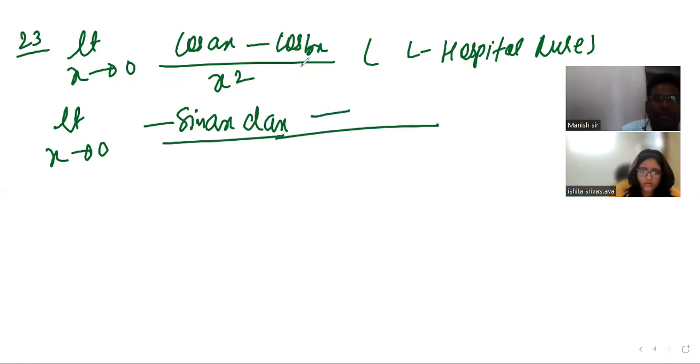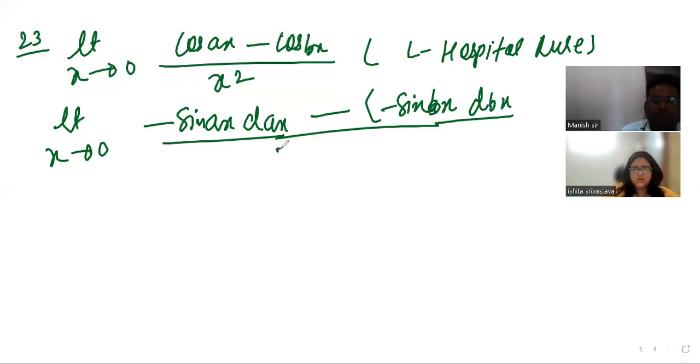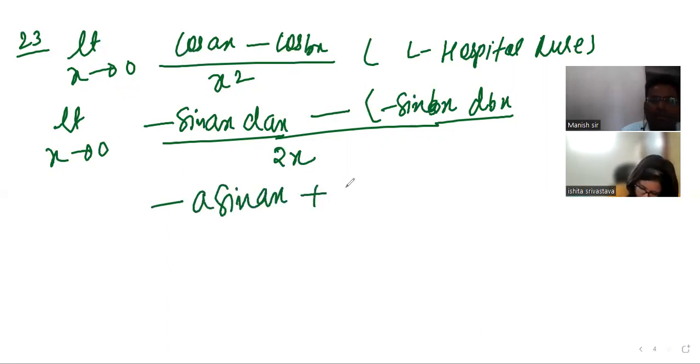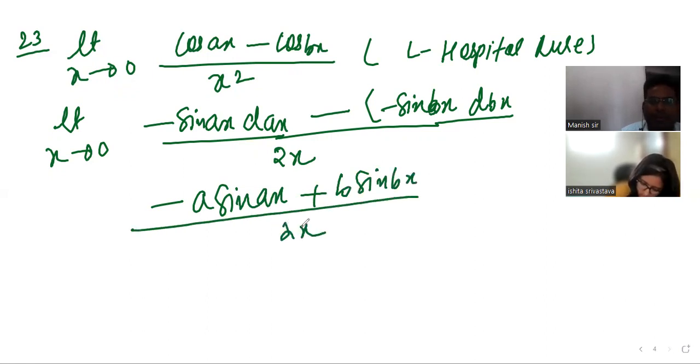Next, in the similar manner, this will become minus of sin bx, it is b now, and differentiation of x square will be 2x. So it will be minus of a sin ax plus b sin bx divided by 2x. Understood?